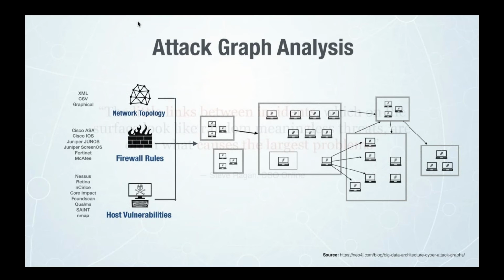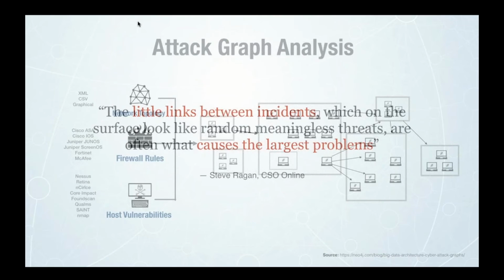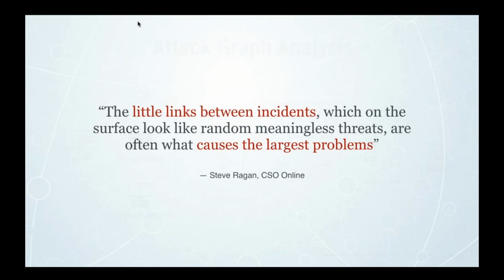And I think this is an interesting quote, that in network security, it's often the little links between incidents that seem almost meaningless that are often what causes the largest problem. And that's why it's so important to have a unified cross-domain view of your networks and security measures.